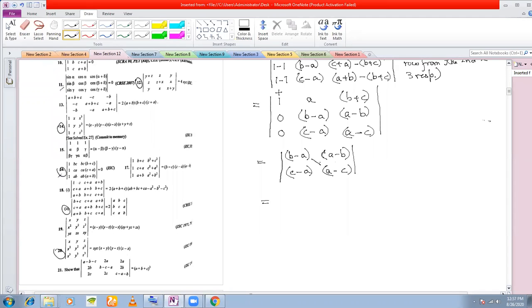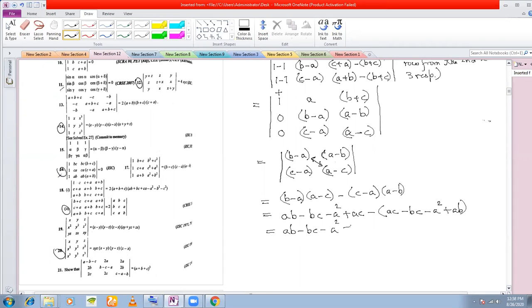So you multiply these two: B minus A into A minus C minus C minus A into A minus B. So multiply, you get AB minus BC minus A square plus AC minus AC minus BC minus A square plus AB. Now you open the brackets. I think all will cancel.